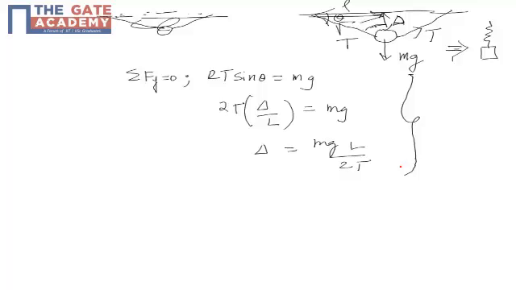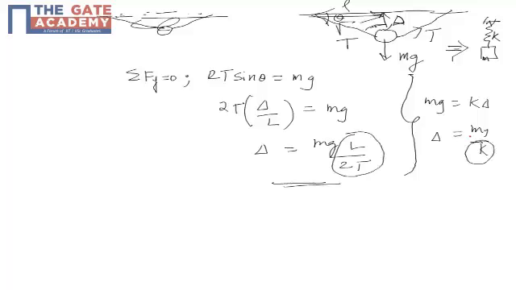Here we have taken the static deflection from this given problem, and because this problem is equivalent to a spring mass problem, for a spring mass, mg is k delta and delta is mg by k. So from this you can say that L by 2T plays the role of one over stiffness, that is, 2T by L acts as the stiffness.